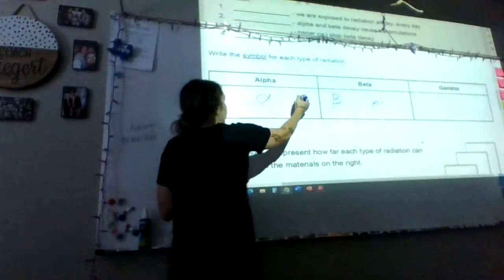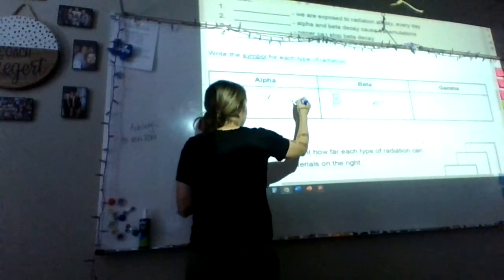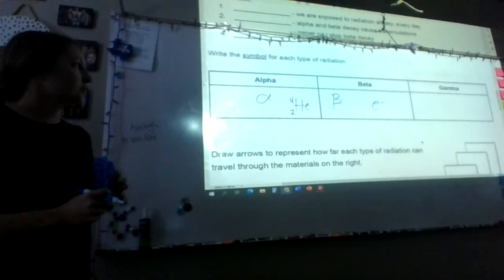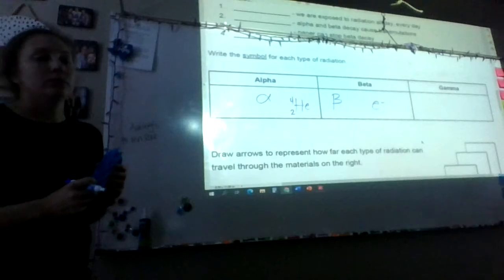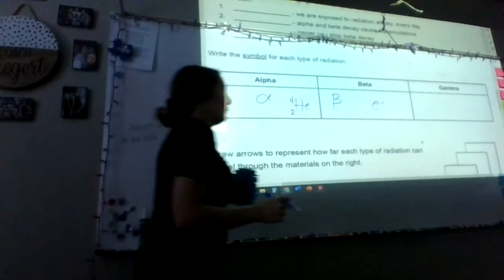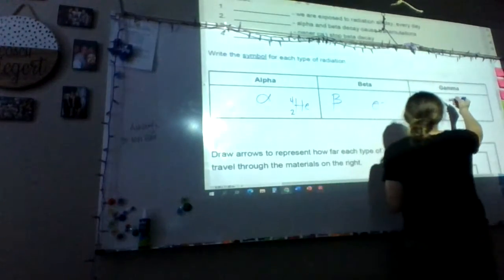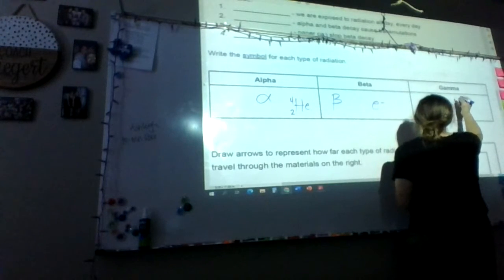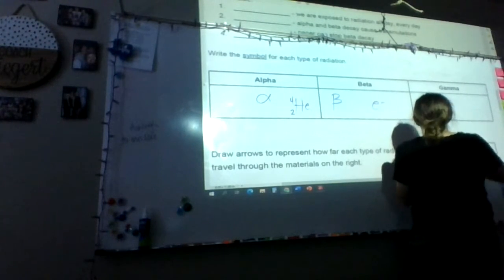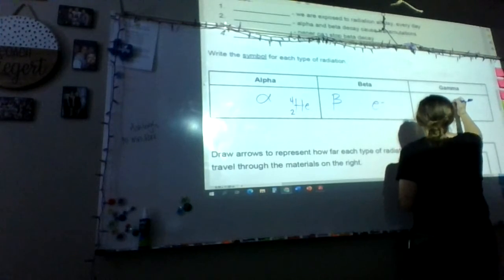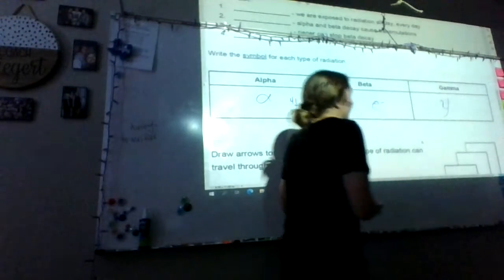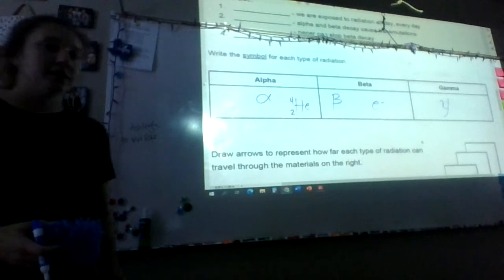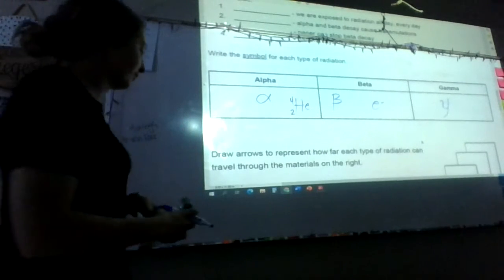Oh, alpha can also be helium. And then gamma. It's like a really pretty Y looking thing. Fancy one. Yeah, a fancy Y.